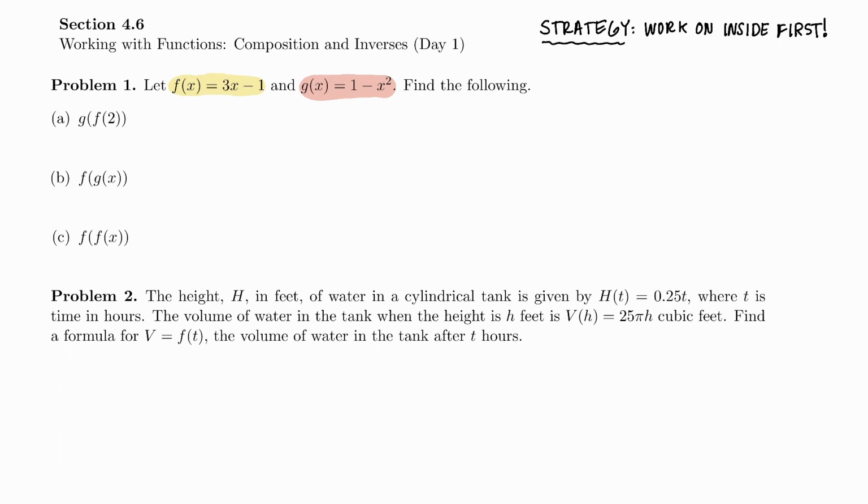So looking at g of f of 2, I'm going to ignore the g for a minute and just find f of 2. I know that f of 2 means I plug in 2 everywhere where I see an x in f of x. So f of 2 is 3 times 2 minus 1, which is 5.